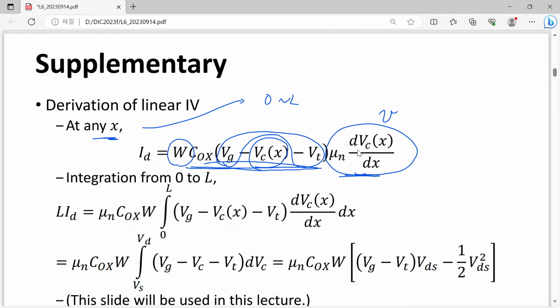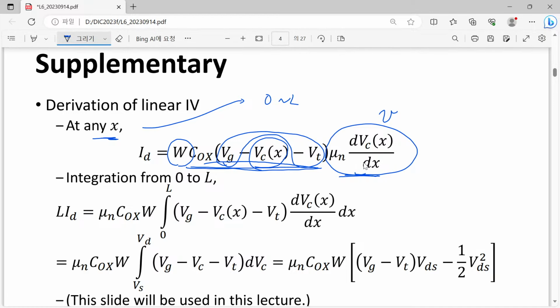Although we can write it as a function of our position x, actually it should be constant. Although in general it can be a function of x, physically it should be constant.